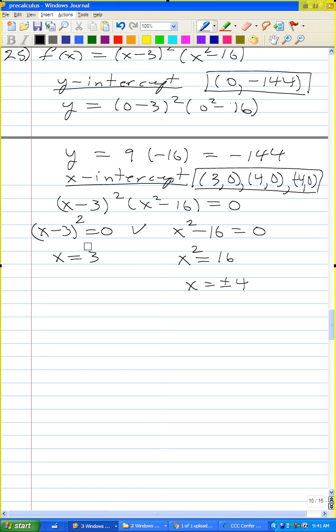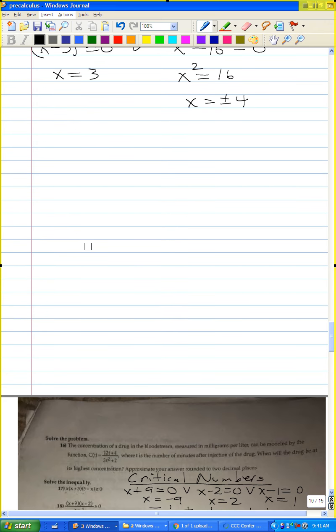Okay, so let's do problem 26. The following information is given about a polynomial whose coefficients are real numbers. Find the remaining zeros. So I have that the polynomial is of degree 3, and the zeros are 4 and 1 minus i.